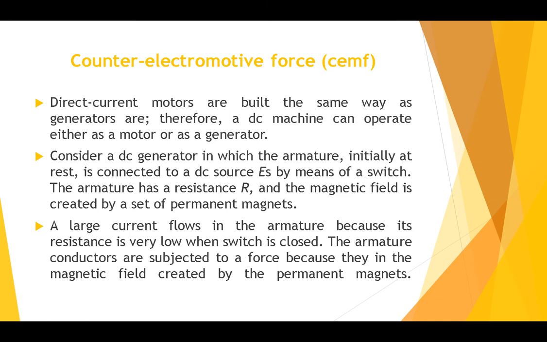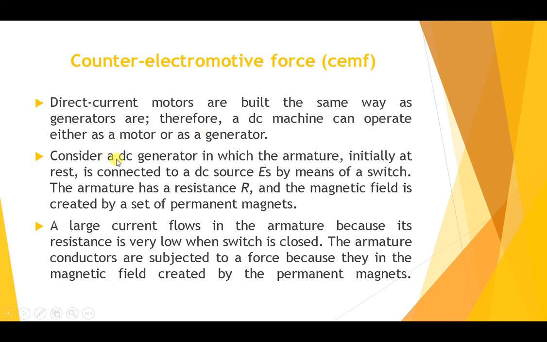counter-electromotive force? We know that a DC motor is built in a similar way as a generator. Therefore, we can say that a DC machine can operate either as a motor or as a generator.